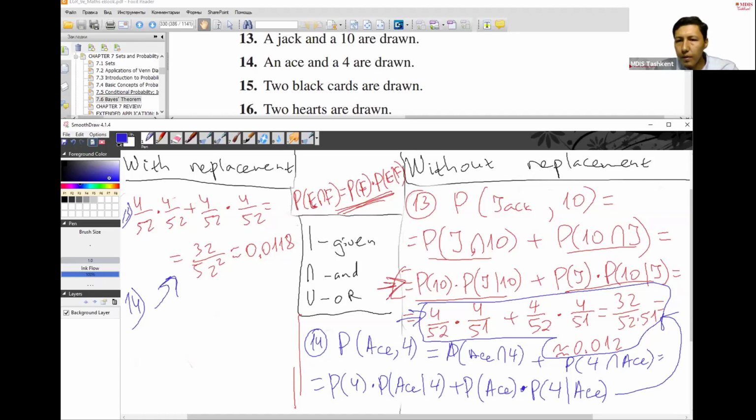Look, for number 13, you don't add denominators. Like 2/4 plus 3/4, it's not 2 plus 3 and 4 plus 4. You don't add denominators, you add only numerators. Therefore, it is 0.012.